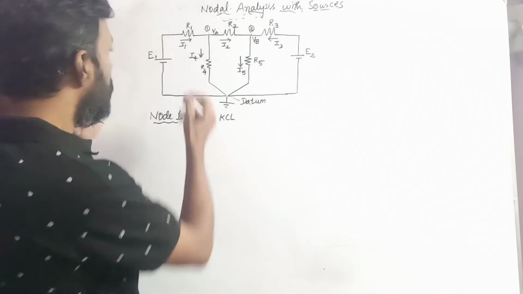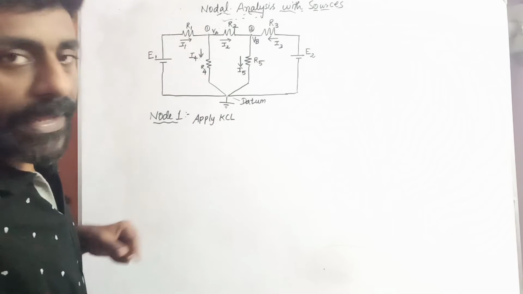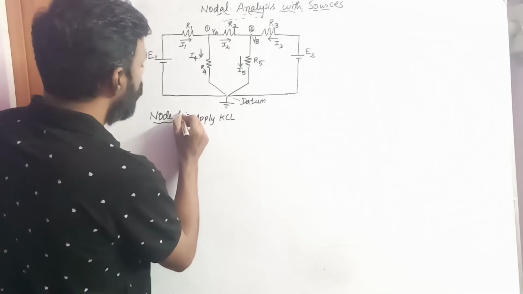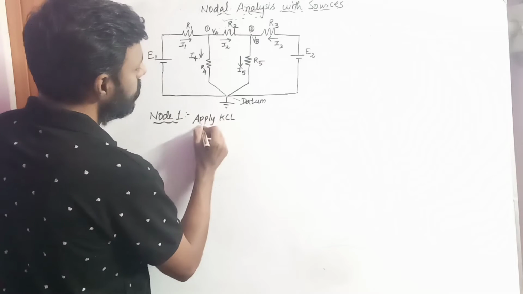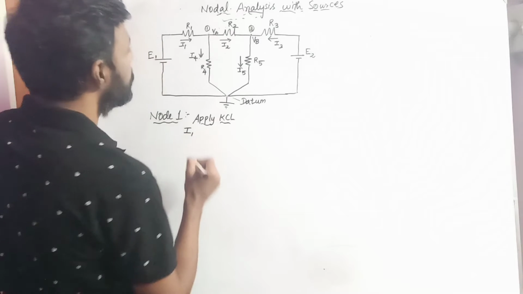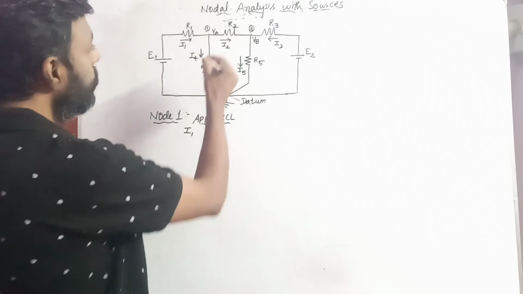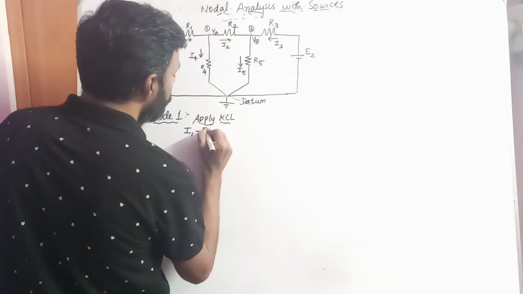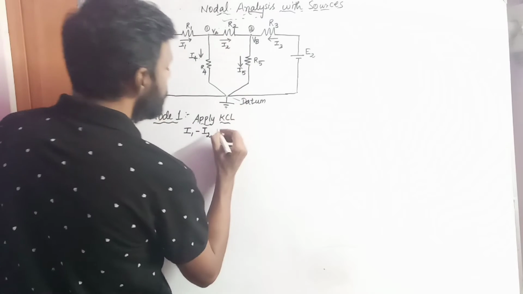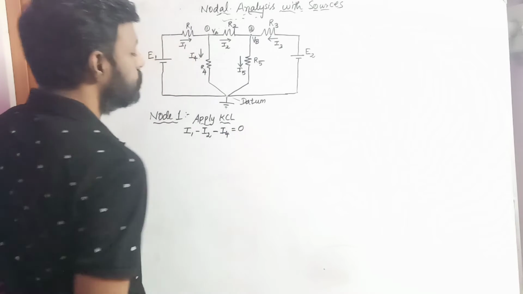So applying KCL at node 1 or node A, it will become I1, because I1 is positive as it is entering the node, minus I2 minus I4 equal to 0.